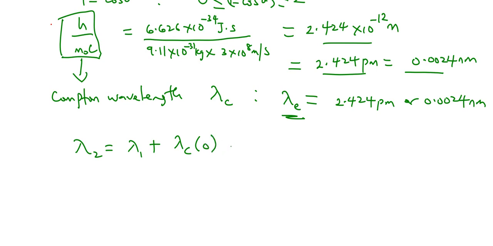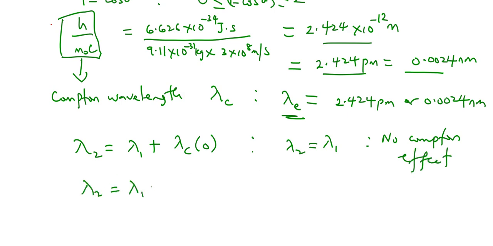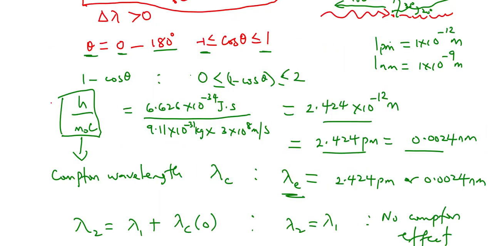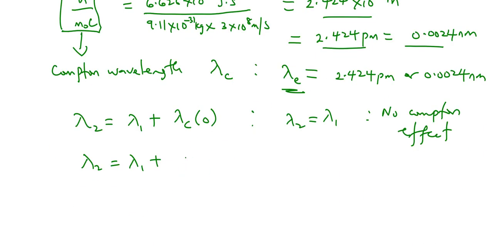That's the lowest value. If it is 0, it means lambda 2 equals lambda 1. In that case, no Compton effect. Now the maximum value it can take, we said, is 2. So the maximum is lambda c multiplied by 2, so lambda 2 equals lambda 1 plus 2 lambda c.